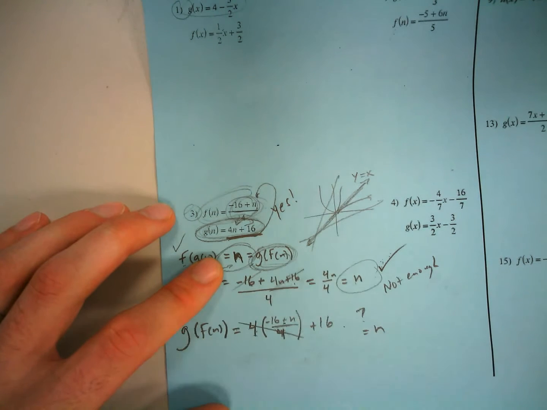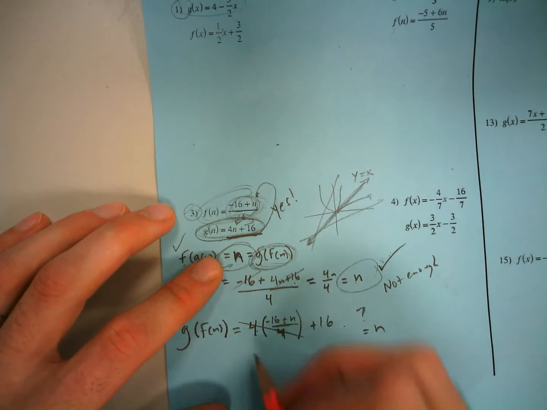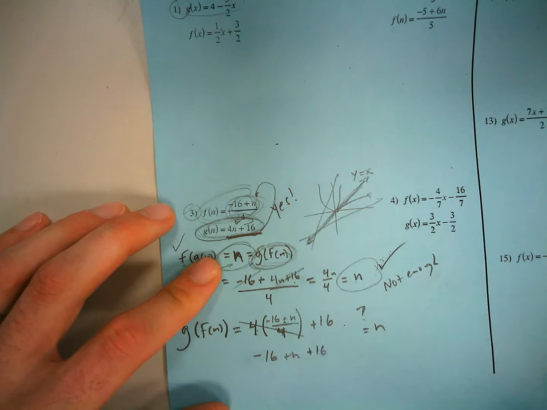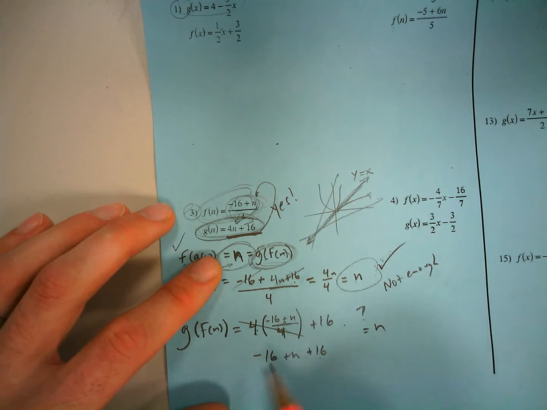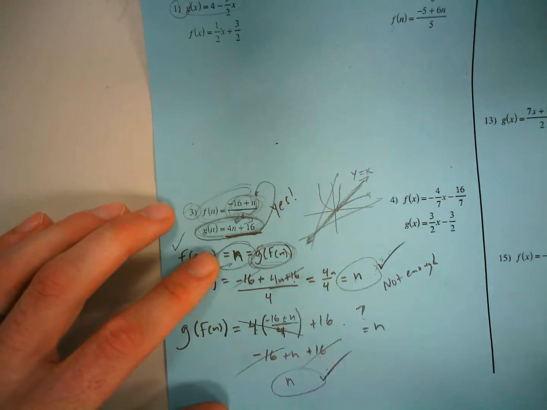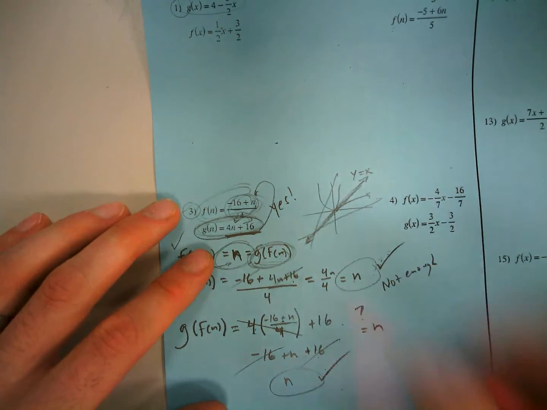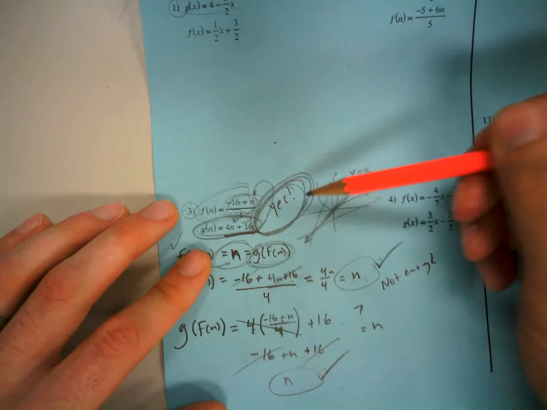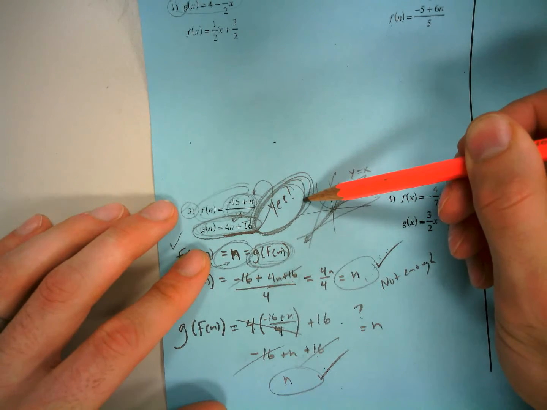Those are inverse operations. They cancel each other out, and we're left with negative 16 plus n plus 16. And hey, negative 16 and positive 16 are also inverses. They're gone, and you're left with just n. So yes, they are inverses. They both simplified to n. Let's try another one.